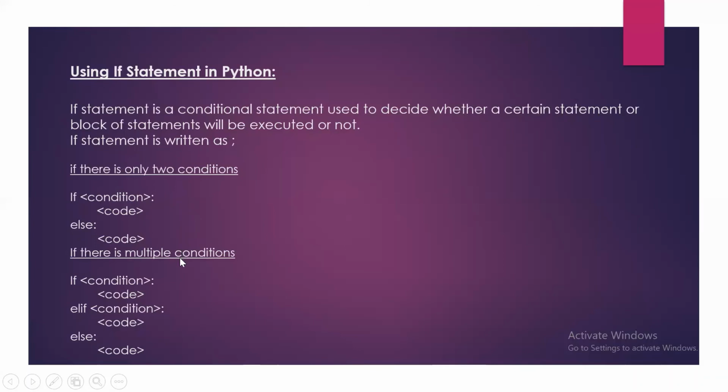And if there are more than two conditions to be tested, then we type if, specify the condition, give a colon, and specify the code which we want to run if this condition is true. And if it is not true, then we use elif to check another condition, give a colon, and specify the code to run if this condition is true.